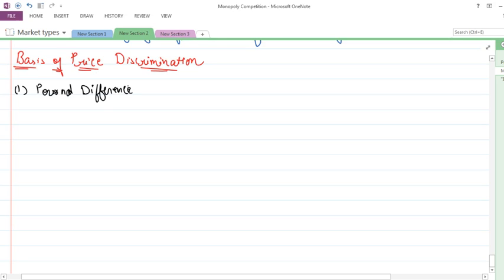Personal differences is basically charging different prices for the same commodity because of personal differences arising out of ignorance and irrationality of consumers, preferences, prejudices, and needs.